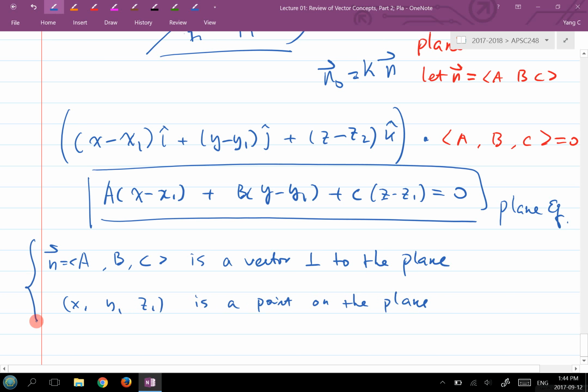And you plug these two quantities, the n and x1, y1, z1, into this formula, and you get a plane. So that's how you can get a plane equation.